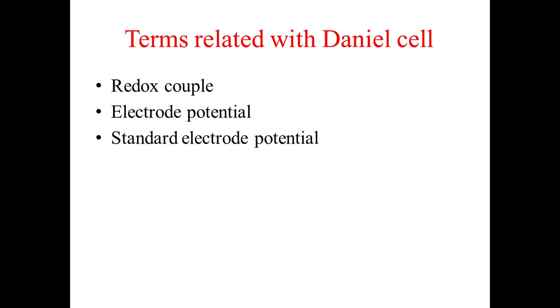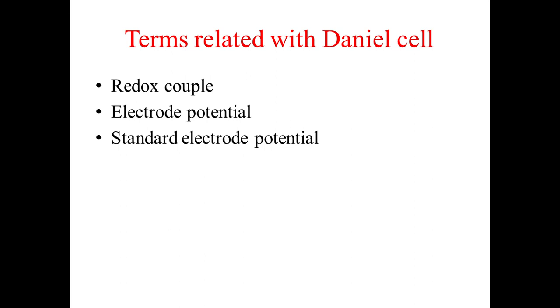So the next, the standard electrode potential. There is a little bit of difference between electrode potential and standard electrode potential. In case of standard, we have to put a node sign here, E node, like that.